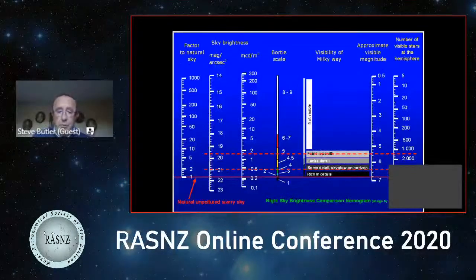So these two red dotted lines across the bottom of this chart represent those two figures, and it just shows the maximum darkness within Invercargill is not too bad, just below 21 magnitudes per square arc second in the second column.